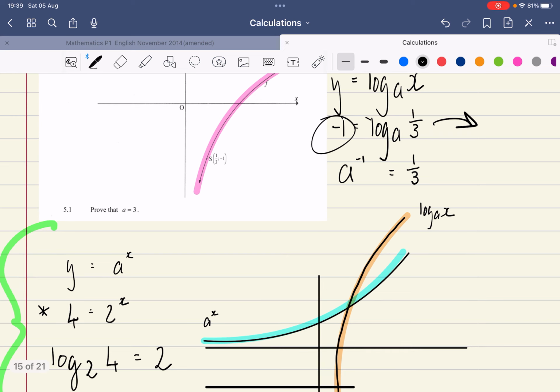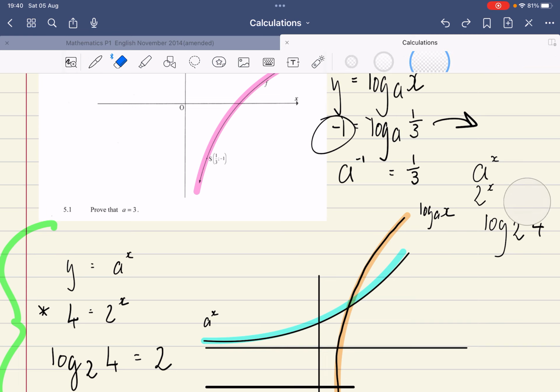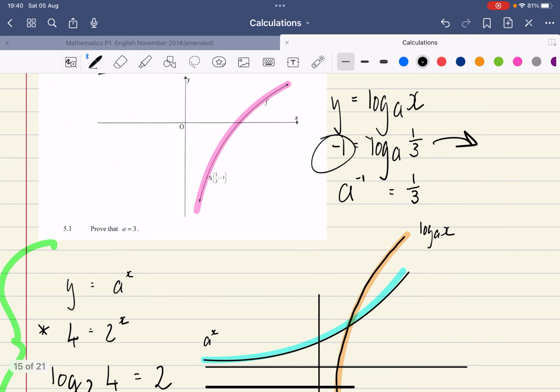Usually what we're doing is we've got a to the x equal to y, and we know a, like in the example prior, we know a is 2, we don't know x, and we know that y is 4, and then we would use log base, the answer, and that will pop out 2. But now we're working backwards, and we're finding instead the base we want, because we have the x and y values for the log graph. So now we have a to the negative 1 equals a third. So that's the same as saying 1 over a equal to a third.